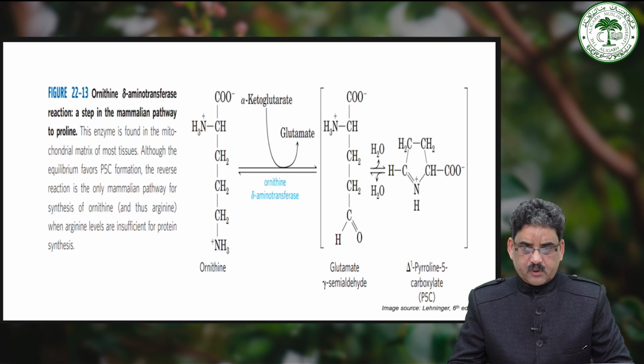Ornithine is then processed into citrulline and arginine through the urea cycle to fulfill the demand for arginine in mammals.